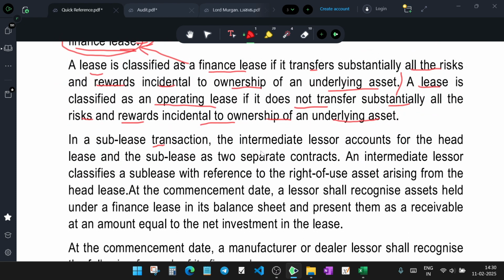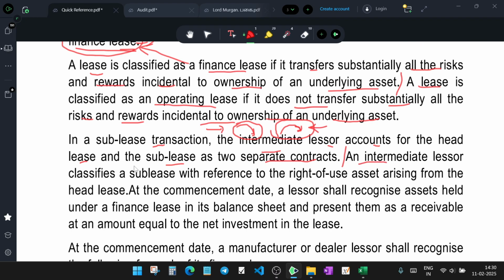In a sublease transaction, the intermediate lessor accounts for the head lease and the sublease as two separate contracts. So I have got the lease, then I am subleasing to someone, so I am a lessor as well as a lessee. The lessor should be shown separately, and the lessee should be shown separately.